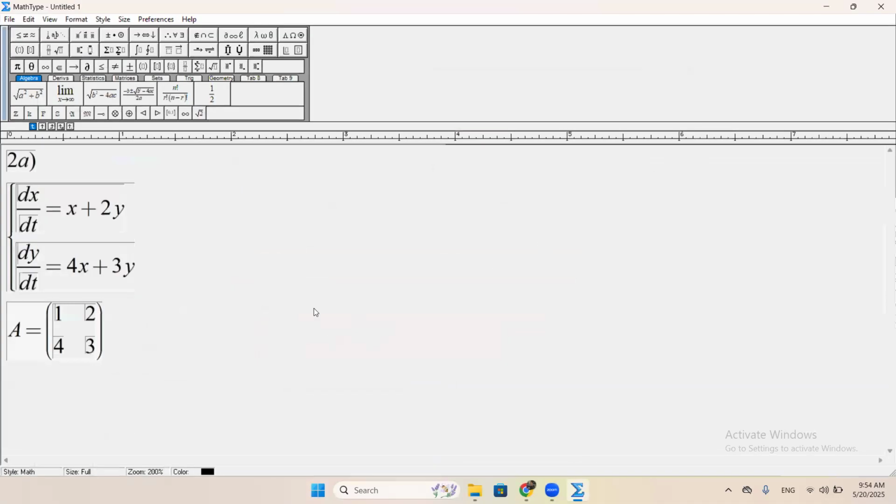So writing down the characteristic equation: 1 minus lambda, 2, 4, 3 minus lambda equals 0.